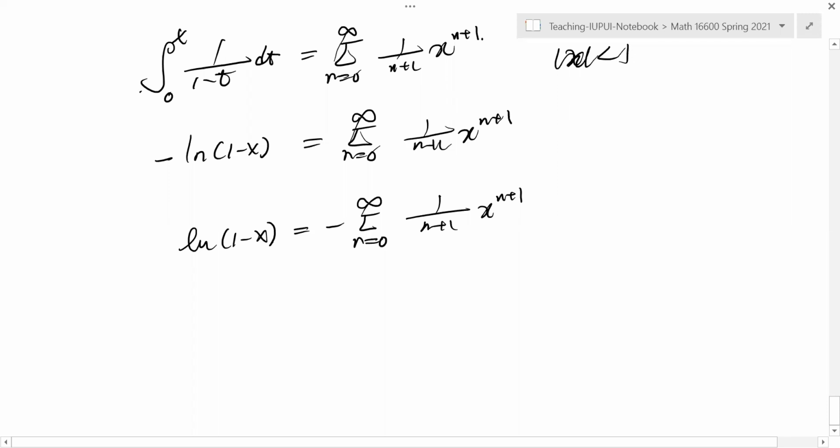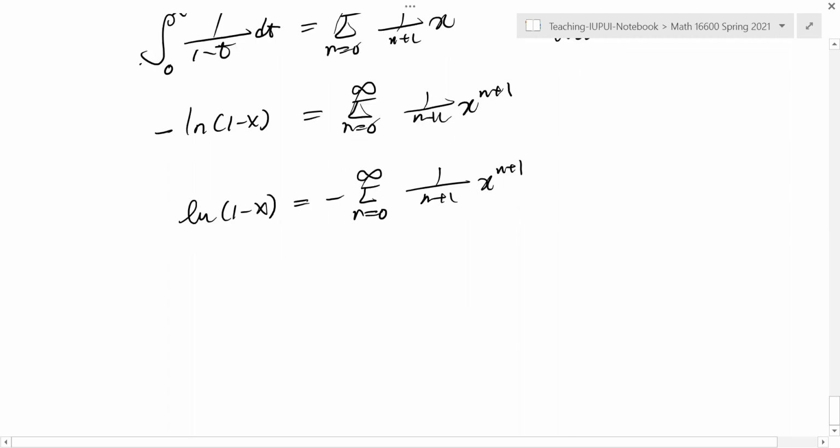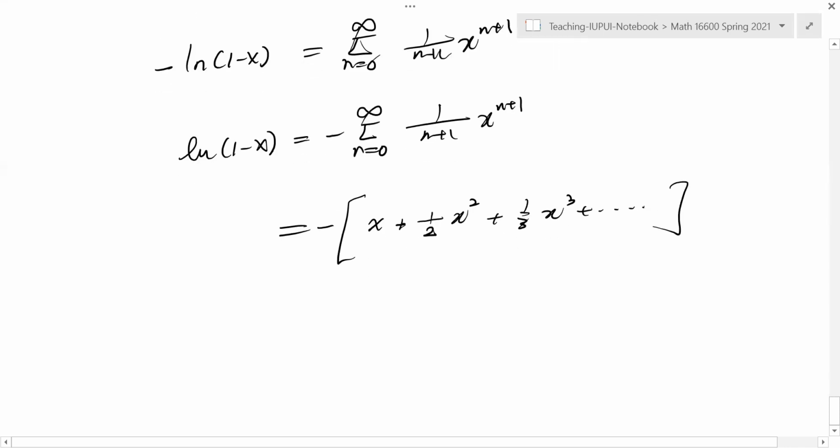Now from here you can also see, let's write down the details. When n equals 0, I have just x. Then plus x squared over 2 plus 1/3 x cubed, and so on. So that is a formula for the natural log.